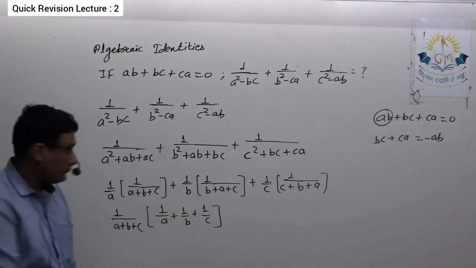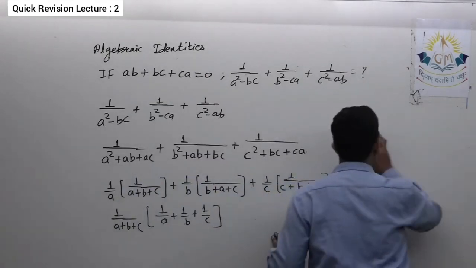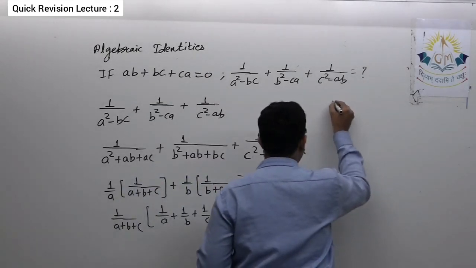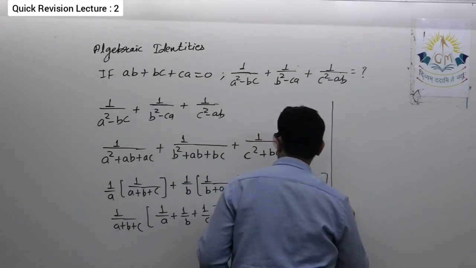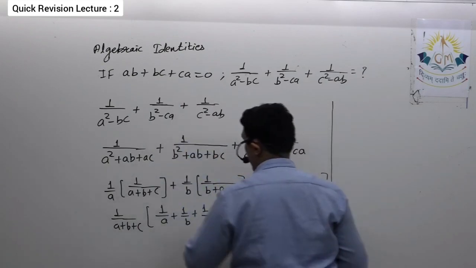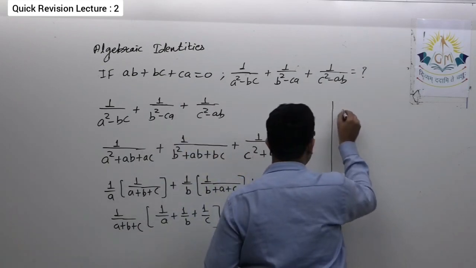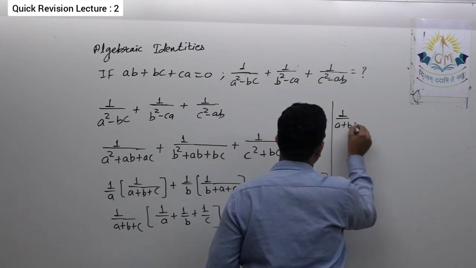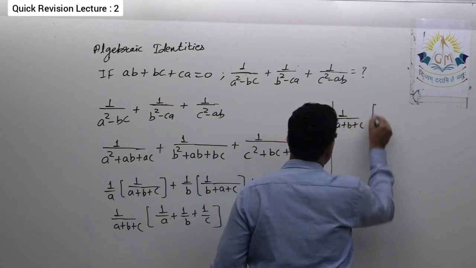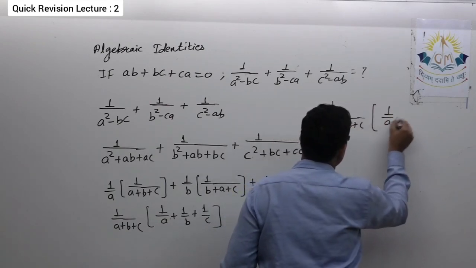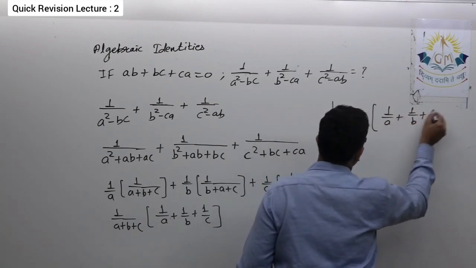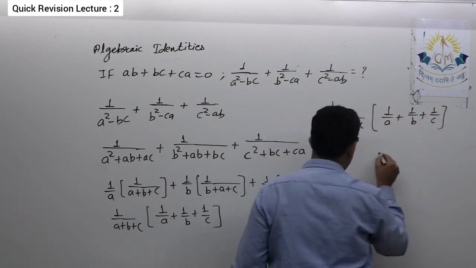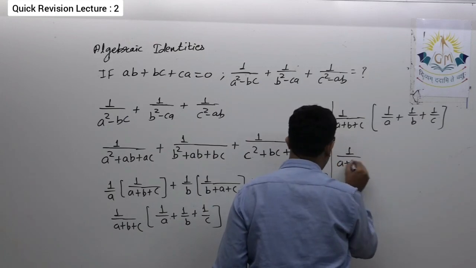Now there is the condition that AB plus BC plus CA equals 0. So I note down this 1 upon A plus B plus C as it is, and 1 upon A plus 1 upon B plus 1 upon C.